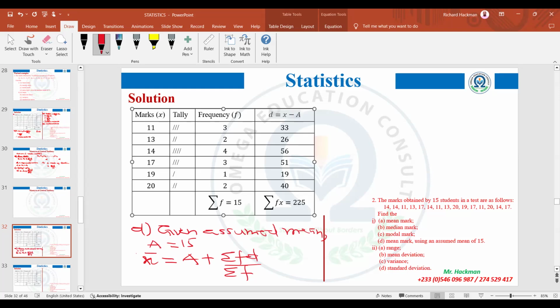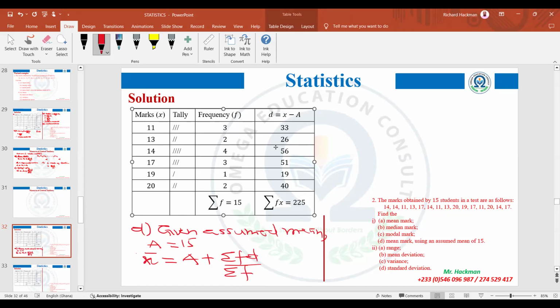Yes, please. So we are going to edit together. Now this is your X, remember. Your assumed mean is 15. So X, 11 minus 15 will give us what? It's going to be X minus A, and your A is 15. So all the X here, you subtract 15 from it, and that will give you the values here.